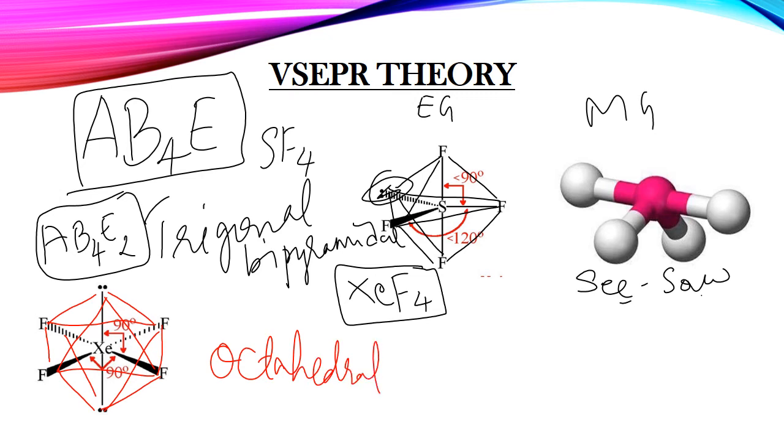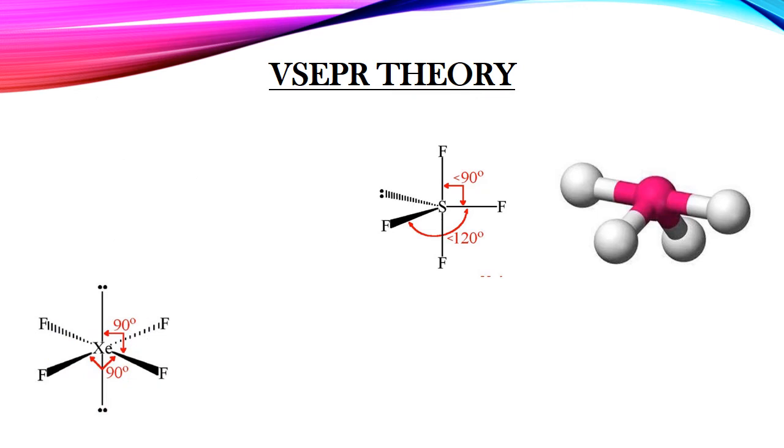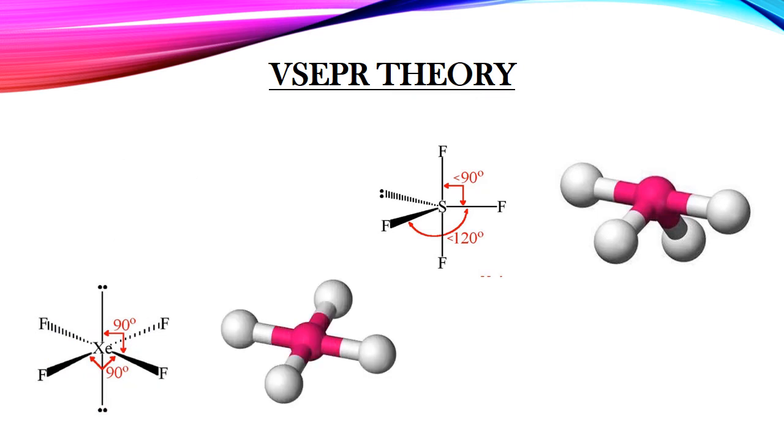So it has an electron geometry of octahedral, whereas its molecular geometry by ignoring the lone pairs will be square planar. All the four fluorine atoms are in the same plane, so it will be square planar.